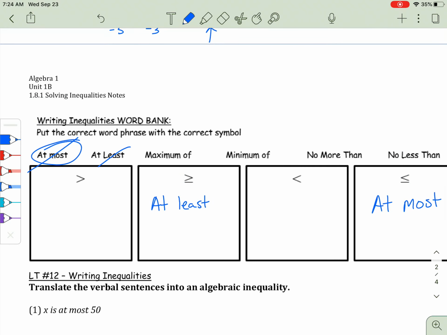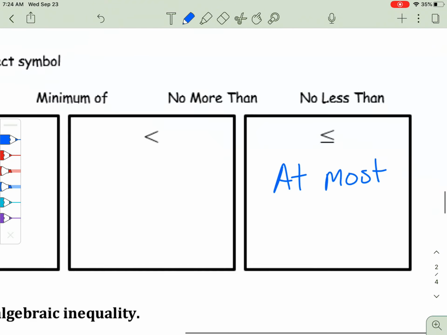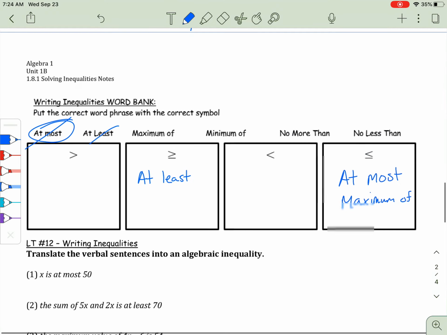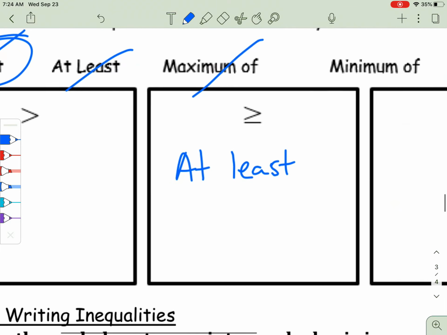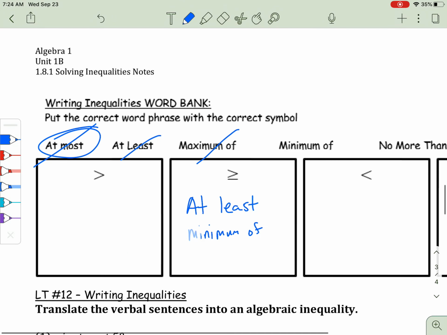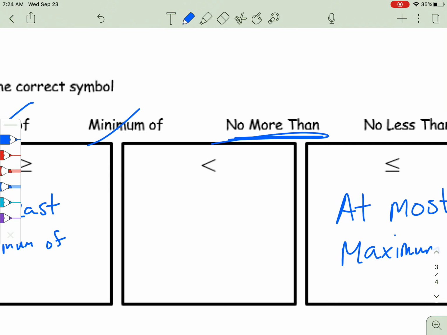Maximum of. So this means I cannot have any more, right? It's got to be that number or less. So I have a maximum of. Okay. I have a minimum of. Goes with the greater than. How about no more than?